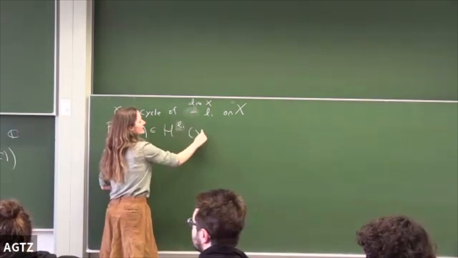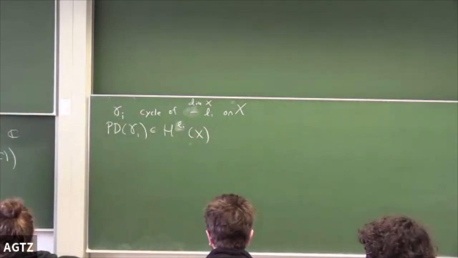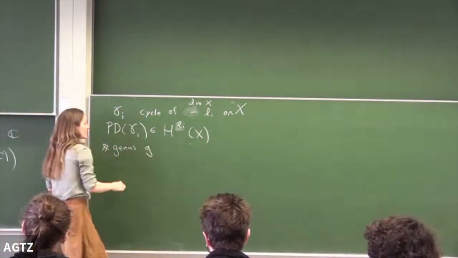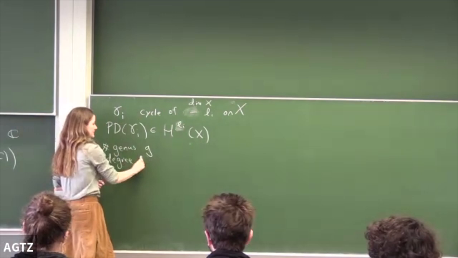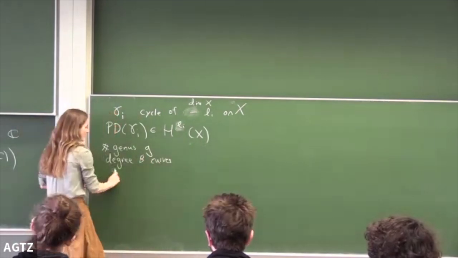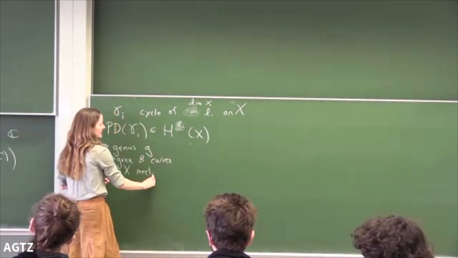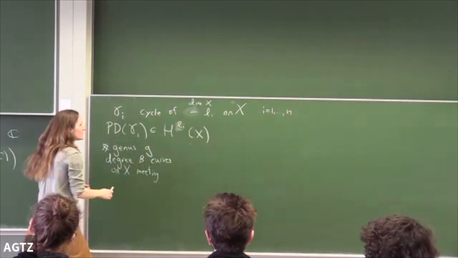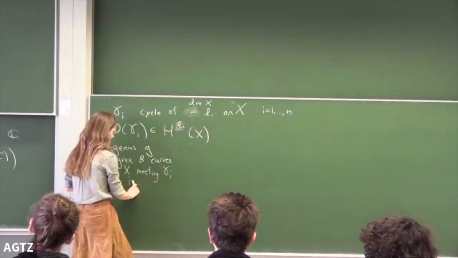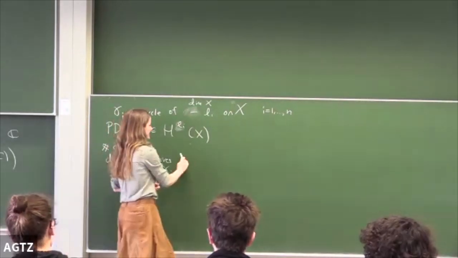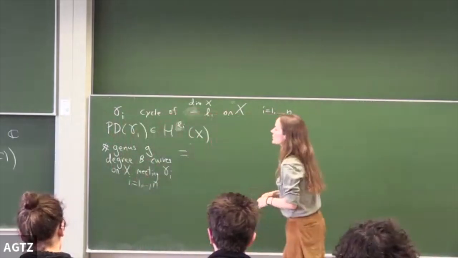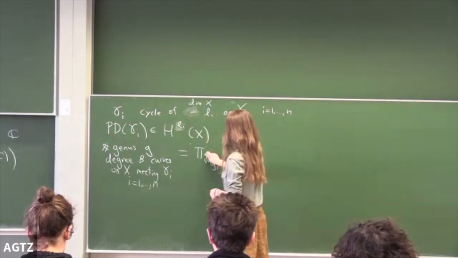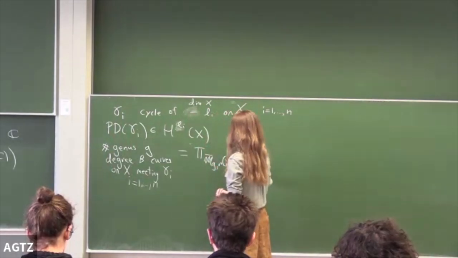of degree li on X, and the number of genus g degree beta curves on X meeting our cycles is then the pushforward from the moduli space, or the integral over the compactified moduli space, and you have to make sure that's well defined.